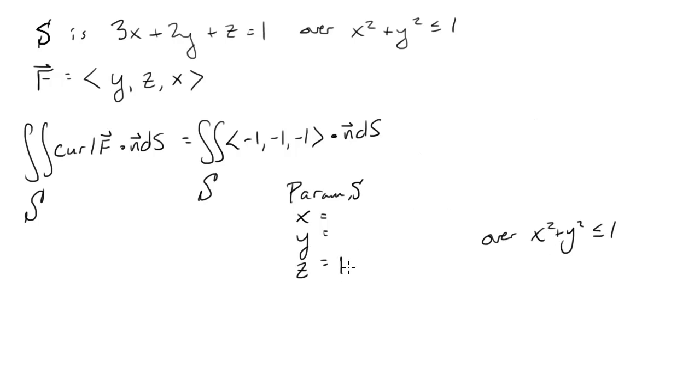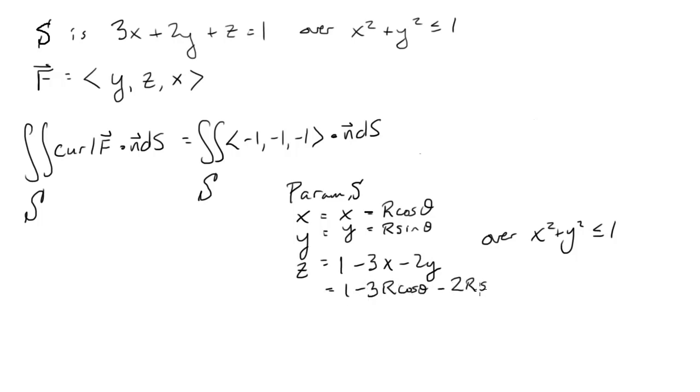So I want to solve for z in terms of x and y. Or I could use polar. Since it's a circle, that seems like a reasonable choice. x squared plus y squared is r squared, so r is less than or equal to 1.